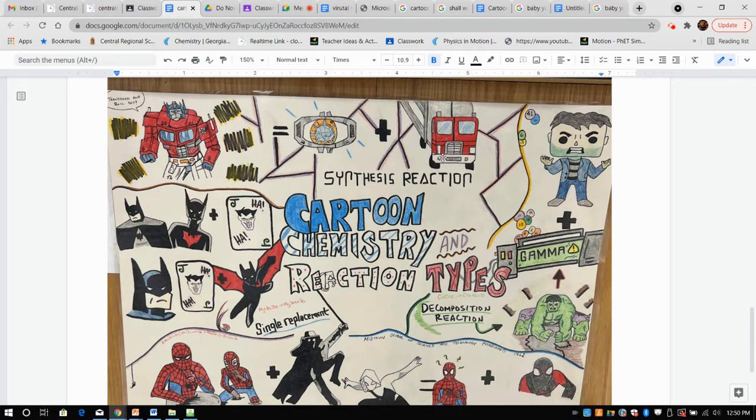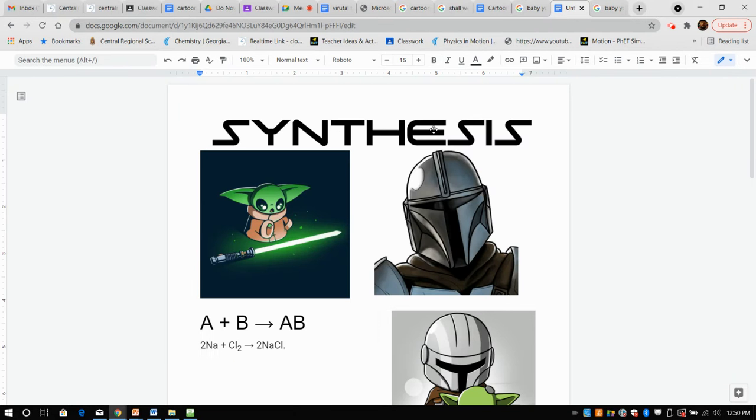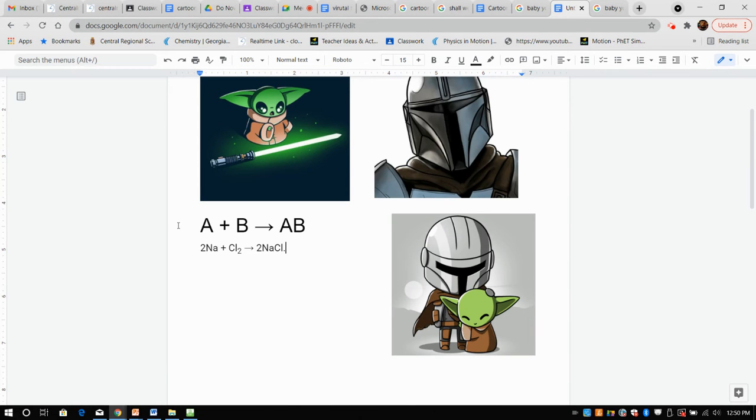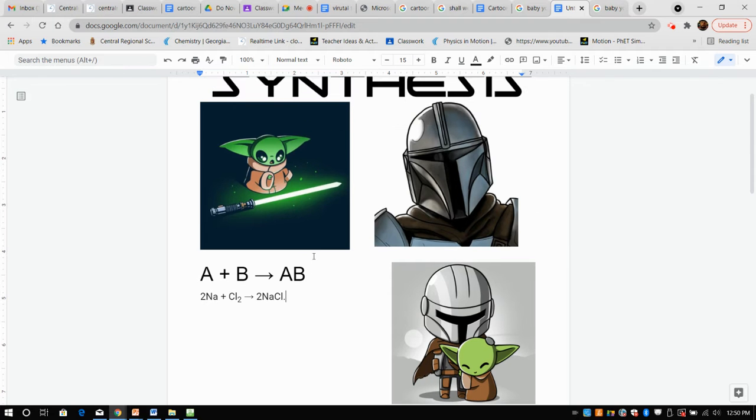So the only thing that's missing from this that I want you guys to make sure of is to obviously label what type of reaction, your parts to it, and the base equation like this, and then find a balanced equation. You can look it up online to figure that out if you need, and write one in. So you can trace, look at an object or some things, get your ideas freehand.